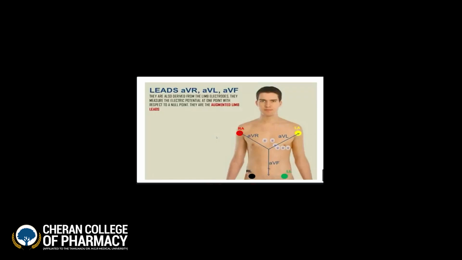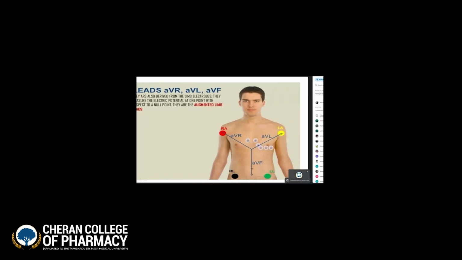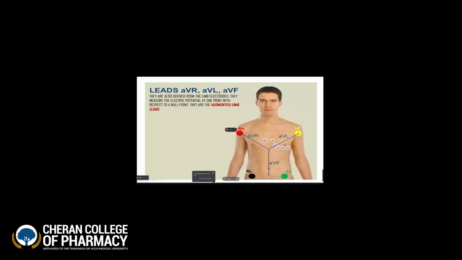Coming here, as you can see, this guy is standing in front of you. This would be a clear example, and you can find it easier. See, now be with me, guys. Right now, this is AVR, as you can see by my cursor. This is V1, here it is V2, V3, and V4.